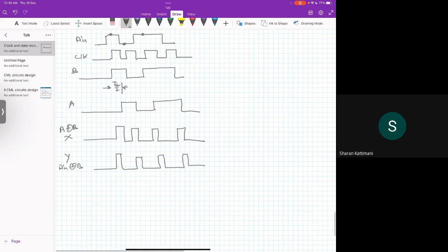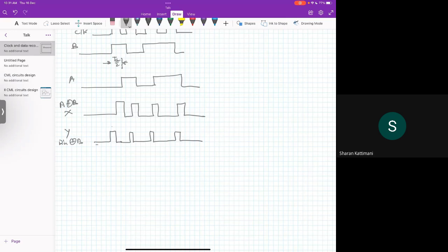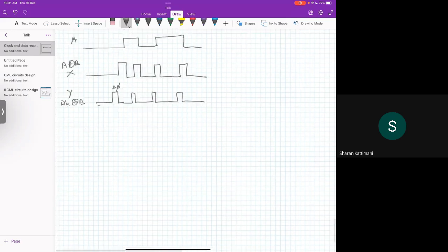Okay, so I think it is not falling at the right window. Maybe I should use something like this. Okay, so this is a very short pulse.